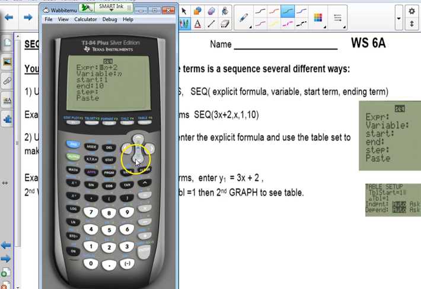Go down to the next one and hit the variable. Again, n or x or theta. Go to whatever your x key is. Then go 1 for start and 10 for end. And hit enter, and it just gives you a sequence of numbers, and you can scroll to the right to see them. Not sure that was super helpful, but they're there.